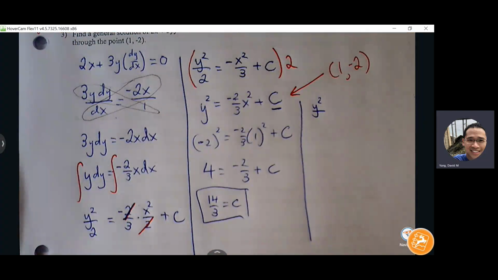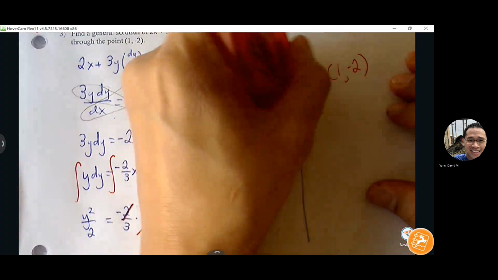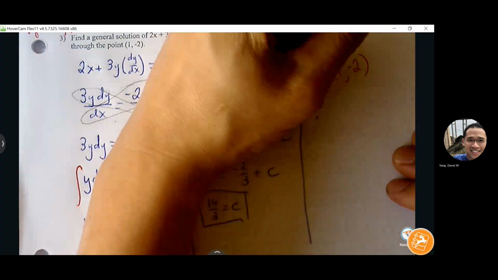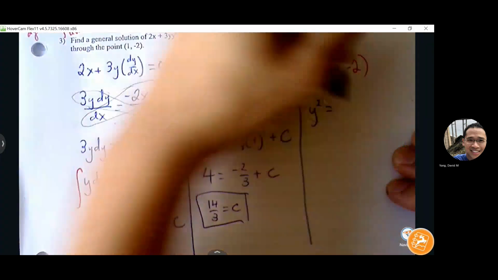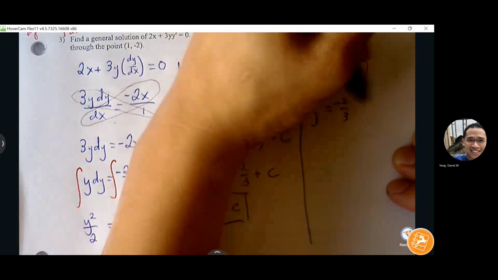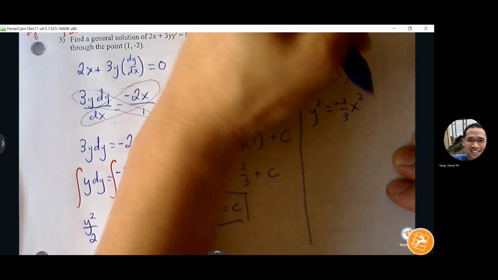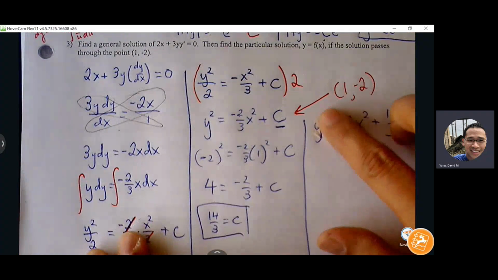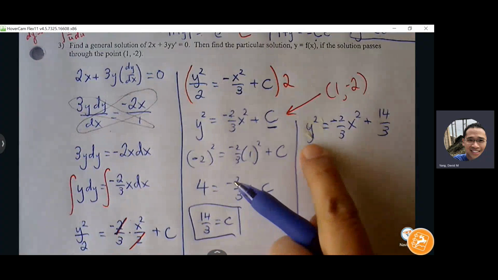Oops, sorry, that's just Y squared. Okay, we're almost there. We've resolved the C, but I still want to solve for Y.